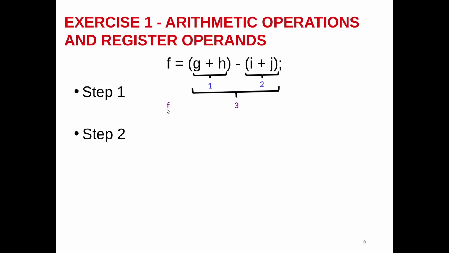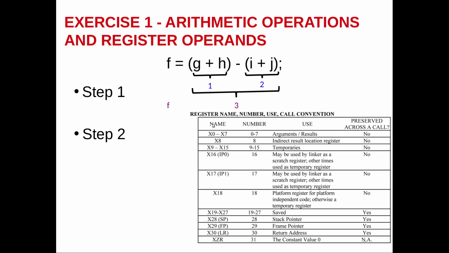In the second step, we will need to decide where these values are, which register should be used for those values, and which register should be used for the intermediate value and the final value. In order to do so, we look into our LACVS reference data. We can see that we have 32 registers numbered from 0 to 31.